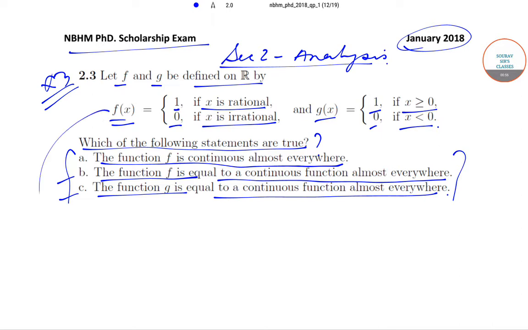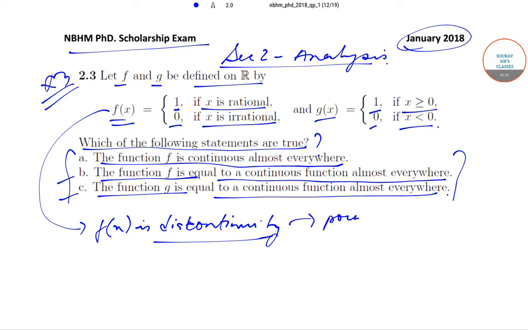As you can see from here, f(x) is discontinuous, and its points of discontinuity are at the irrational points.